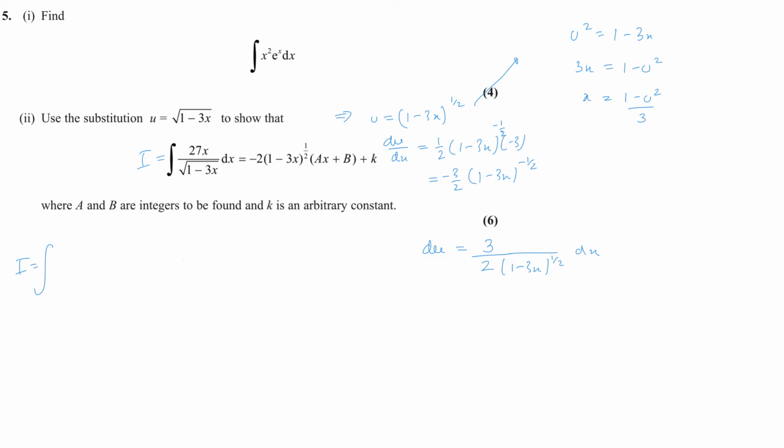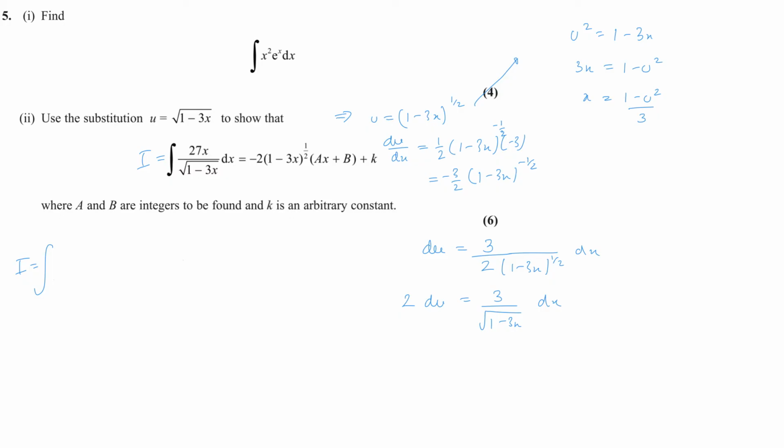From here, if I take the 2 and the 3 across, I'll just take the 2 du equals 3 over root 1 minus 3x dx.